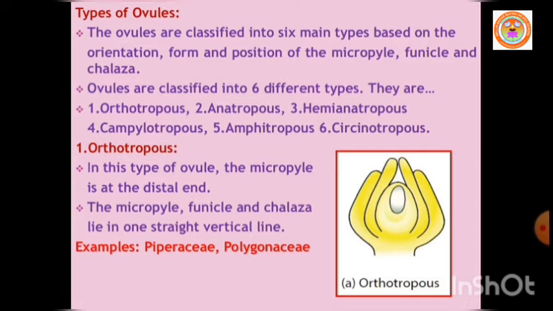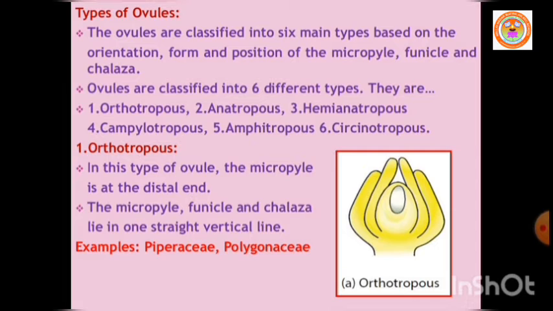Sixth, circinotropous ovule. These are the 6 different types of ovule classified based on the orientation, form and position of micropyle. Let us start the first one, orthotropous ovule.